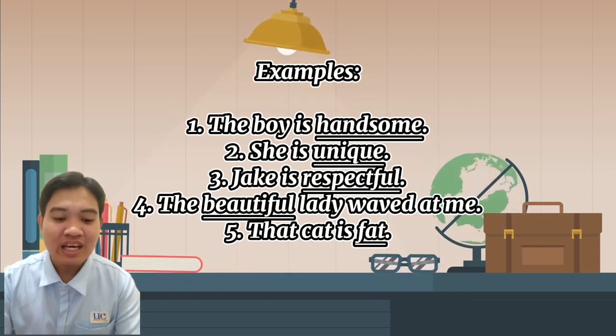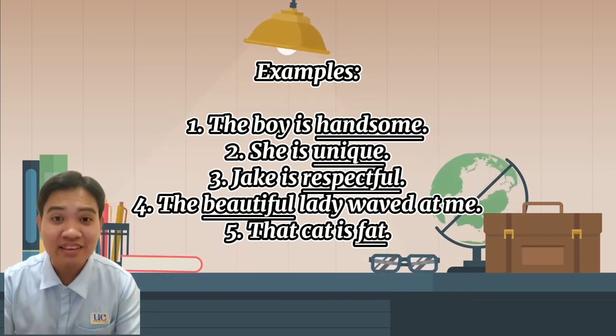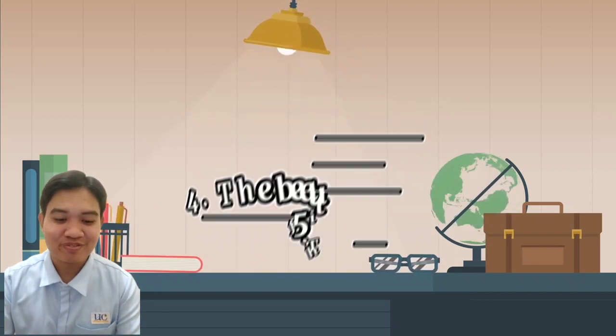And the last one: that cat is fat. The word fat describes the cat, which is the noun of the sentence and also the subject of the sentence. So therefore, that is an example of an adjective. So those are examples of adjectives. Any word that describes a noun or a pronoun is an adjective.